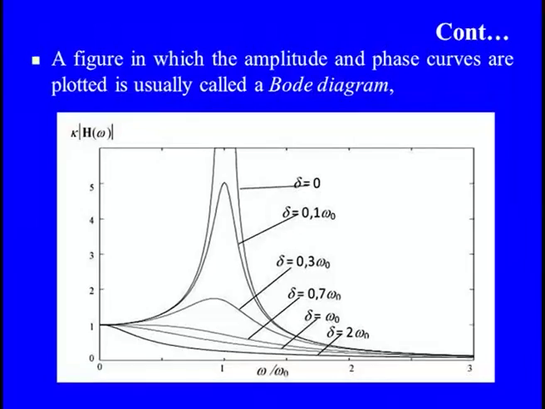Now here, when you try to change the parametric variation, the variation of the amplitude of H(omega) with omega by omega 0, the frequency ratio, the diagram is known as the Bode diagram, which simply gives you the amplitude and the phase curves.